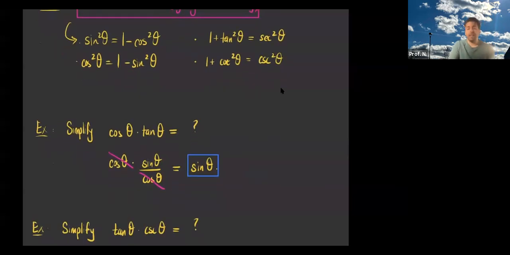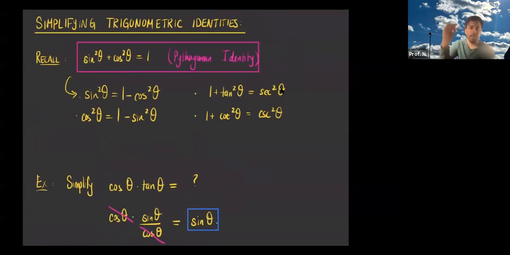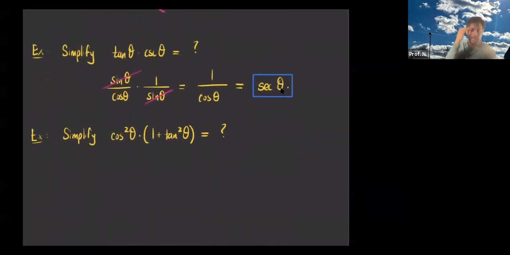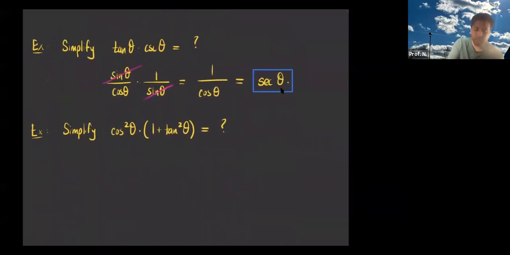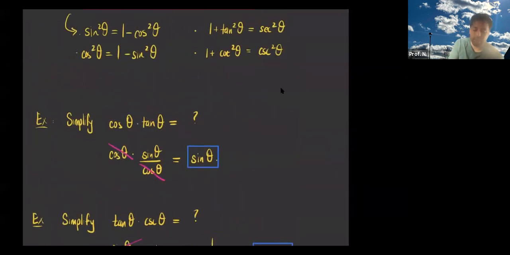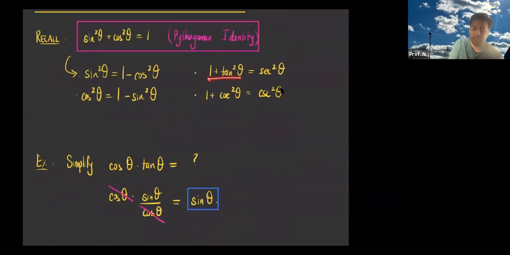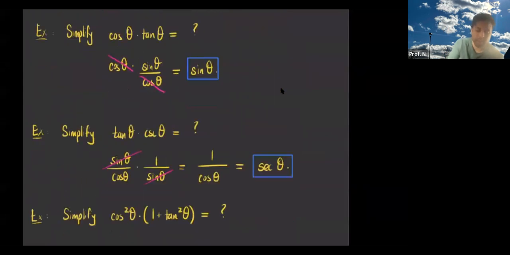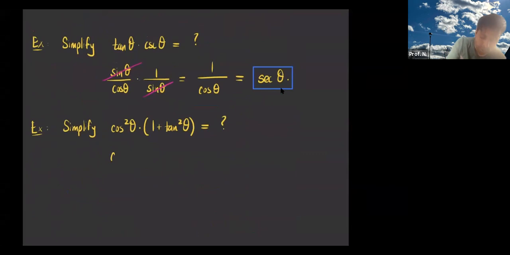So these are all the identities that stem from the main Pythagorean identity. Now you have to have this in your head, because now look what we have. 1 plus tangent squared theta, I can use the fact that 1 plus tangent squared theta is equal to secant squared theta. So this will now equal cosine squared theta times secant squared theta.